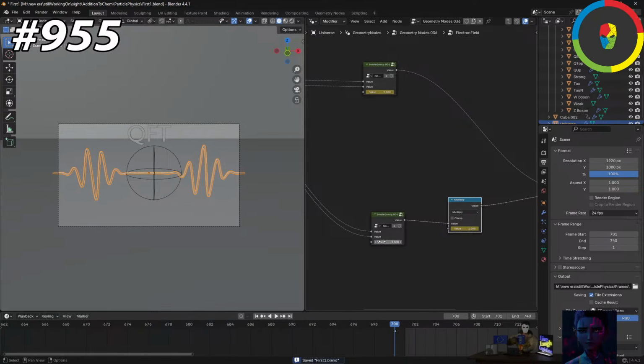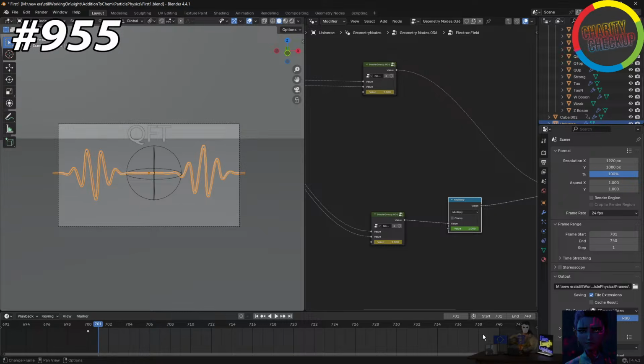Okay, first things first. We want to bring them close together regardless. Something like negative 0.5 and 0.5. Maybe 0.75.